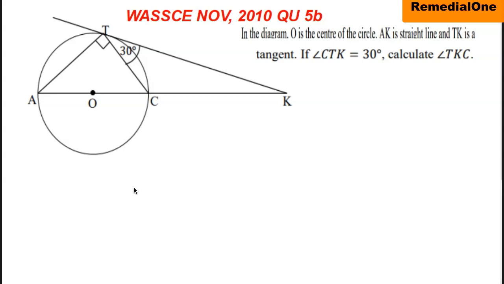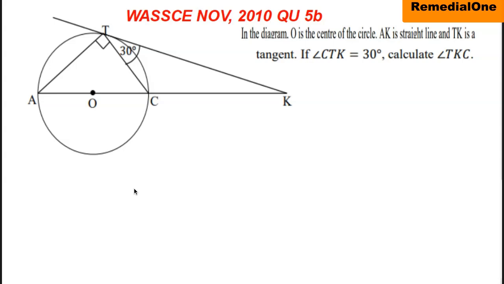The challenge with many students is how to use this to solve problems in geometry. But today I have two questions to explain to you. You follow the steps. They are not difficult.